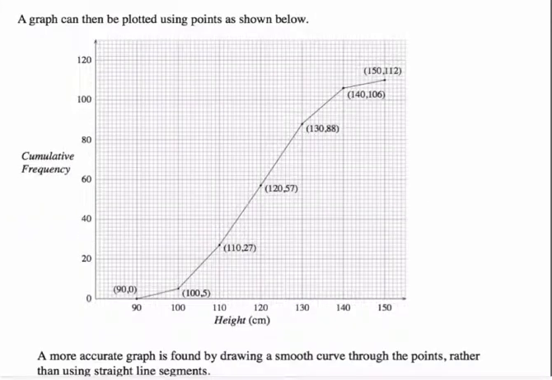Alright, so this is what the graph looks like. Now this is with drawing straight lines between the points. So here at the height 150, we have 112, which is the total number of people in the survey or whatever.